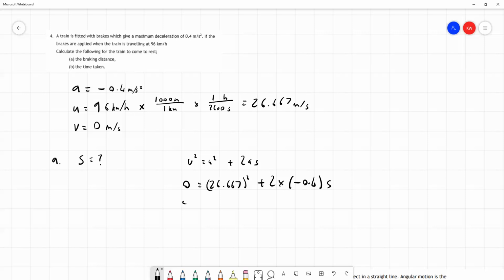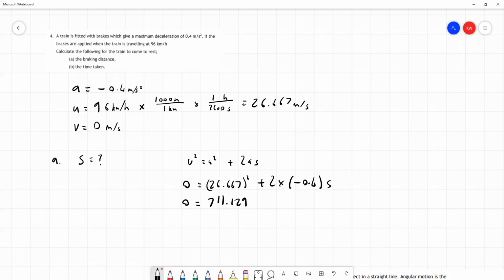So let's multiply out and tidy up a little bit. 26.667 squared is going to be 711.129. Again, I'm just rounding to 3 decimal places. By all means, use exact calculator values.